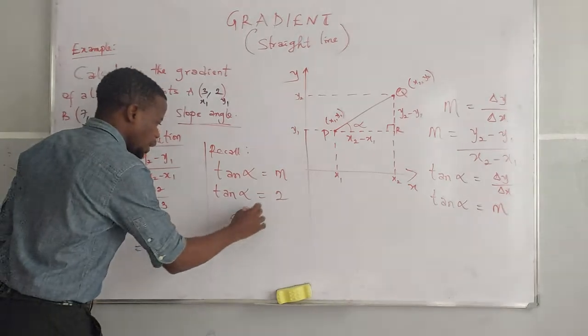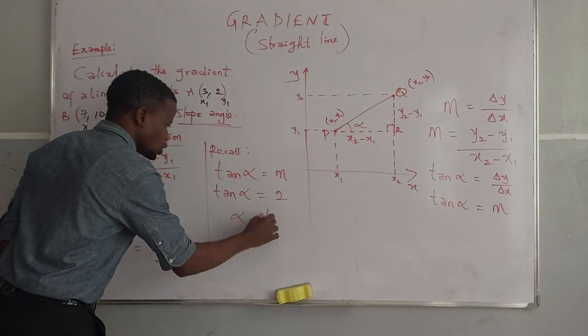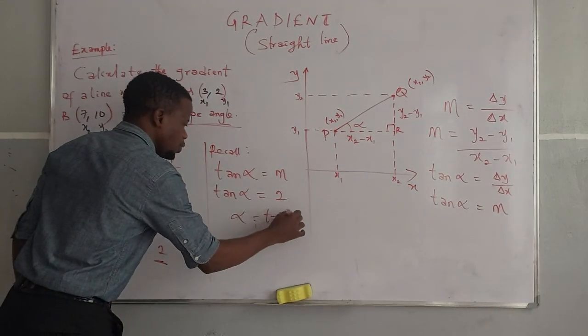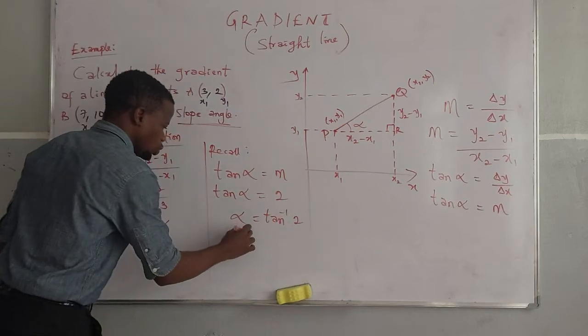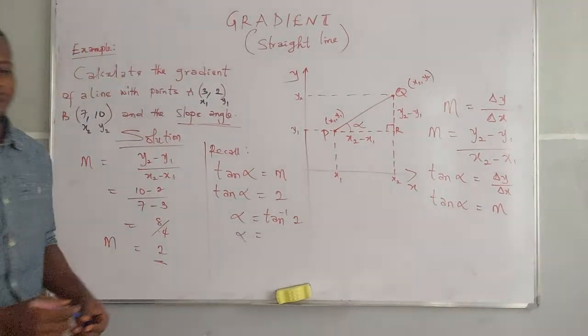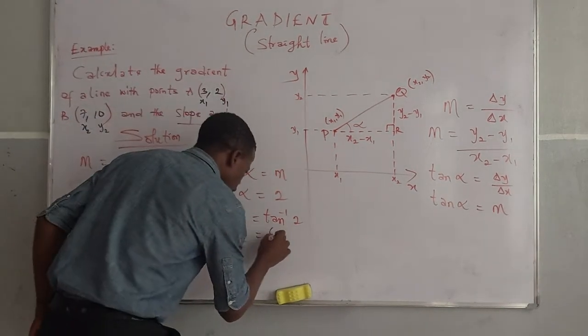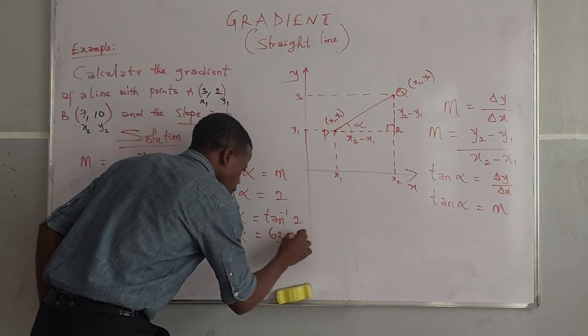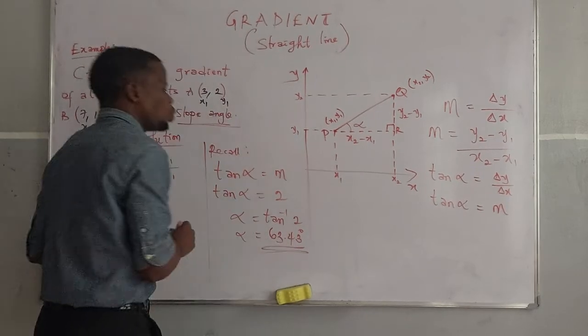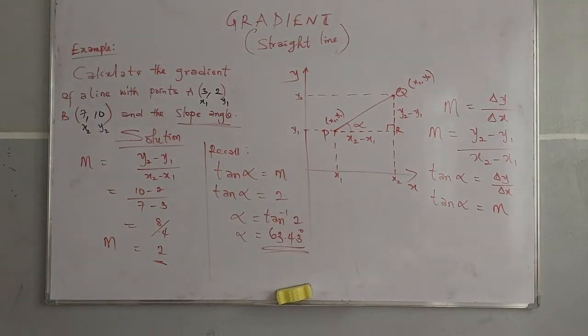Then alpha is equal to the tan inverse of 2. Checking my calculator, that is 63.43 degrees. We have done the 2 questions.